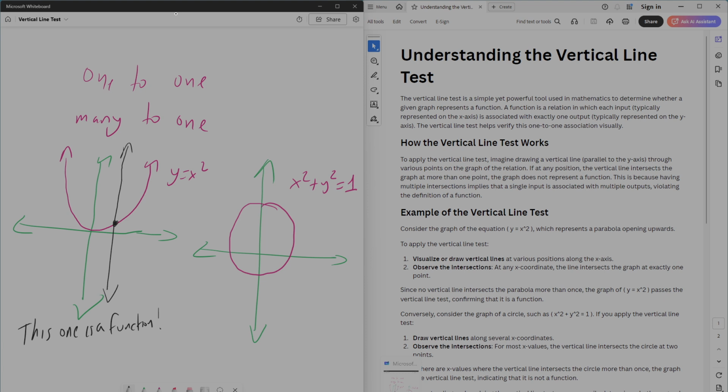So now let's look at the circle. This one is a parabola, y equals x squared. So the circle, let's draw a vertical line. Now we can see that it hits two points.